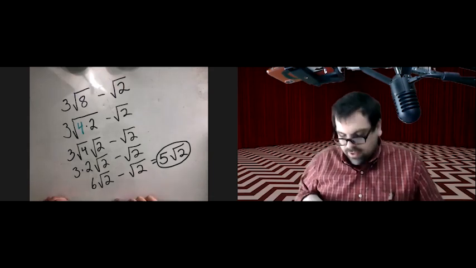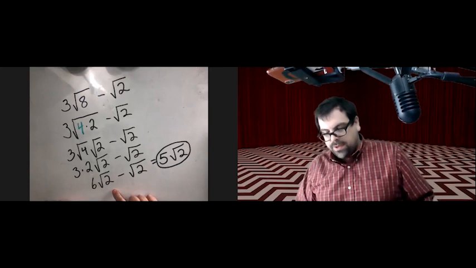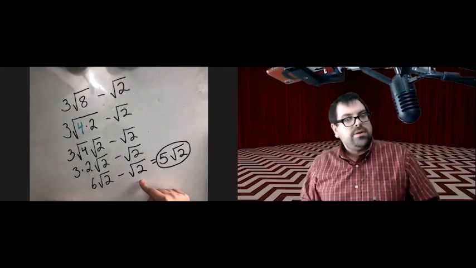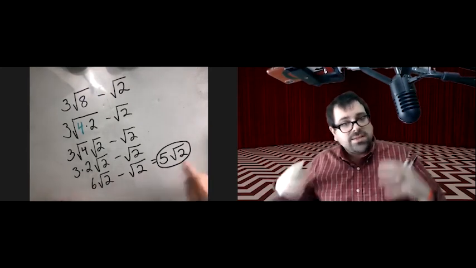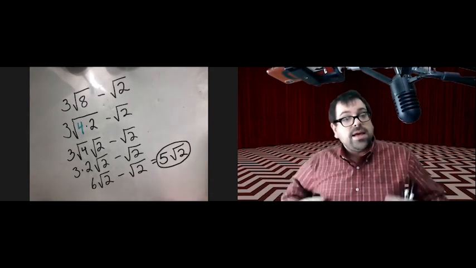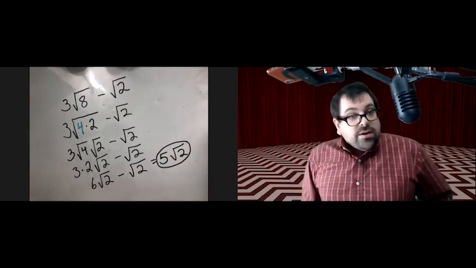Now I'm saying 6 of them minus 1 of them equals 5 of them because I'm trying to make this as simple as possible to understand and to work through.